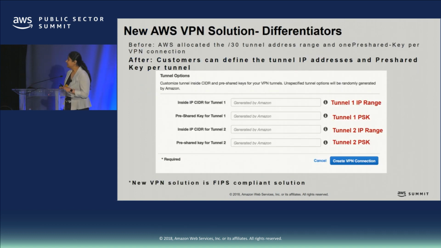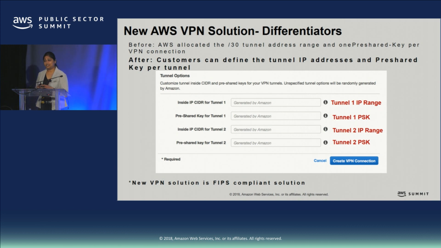So with that, let's move on to the new AWS VPN solution. Up until recently, until the new AWS VPN solution was launched, each time a customer created a VPN connection, AWS pre-allocated the tunnel IP addresses as well as the pre-shared key for each of the VPN connections.